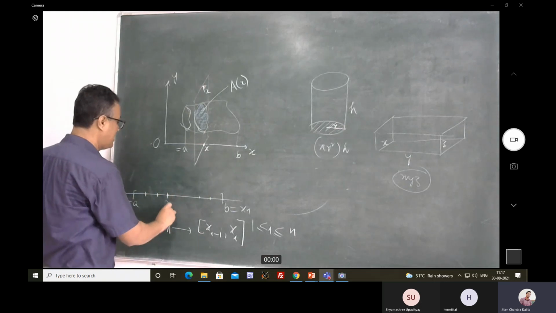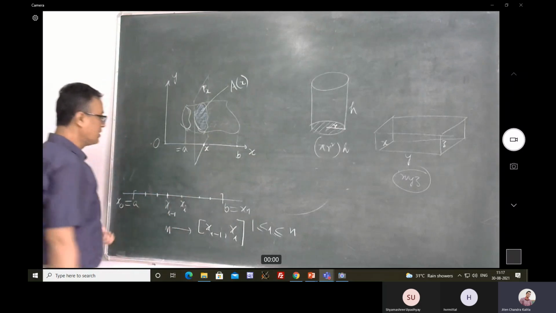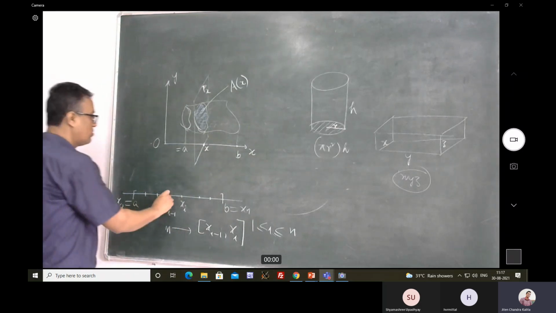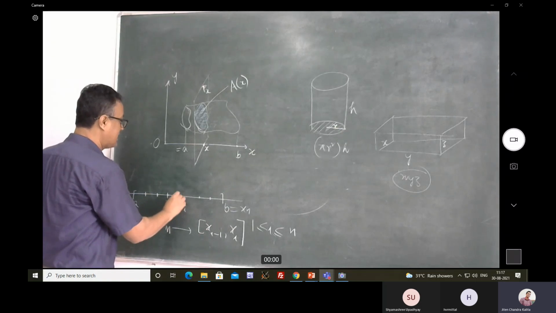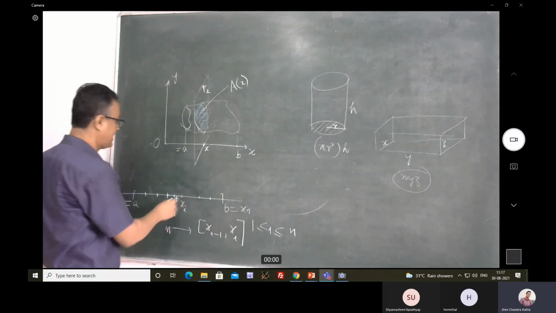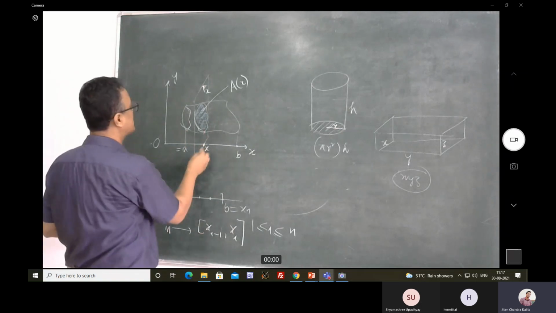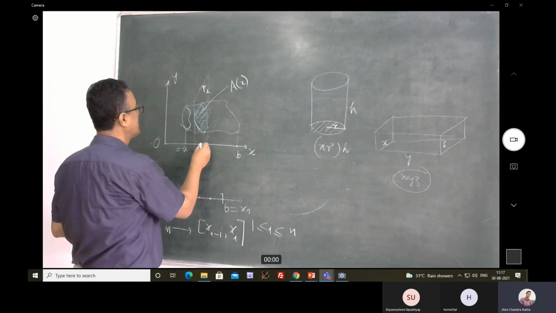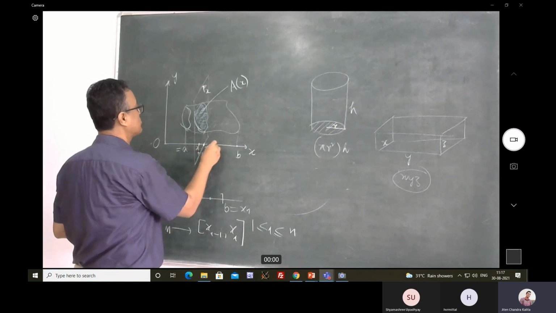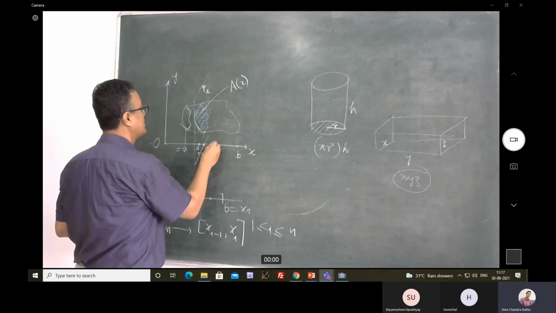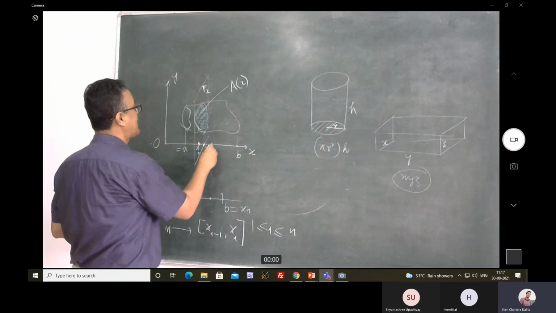So maybe this is going to be x_{i-1}, and this is going to be x_i. Then suppose there is a point lying in this interval x_{i-1}, x_i. I'm calling it x_i star. Say this is my x_{i-1}, this is my x_i, so this is the interval, and this point is x_i star.